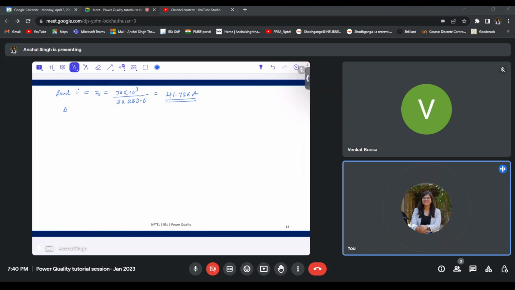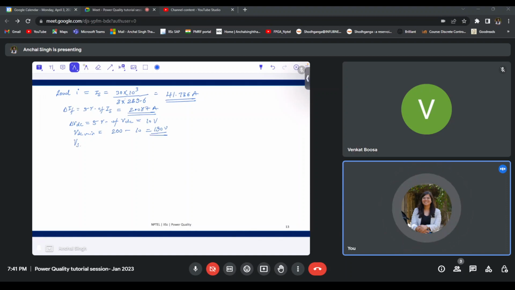Now, ripple current of inductor is given as 5% of IS. This will come out to be approximately 2.087 amperes. And delta VDC is equal to 5% of VDC, which is equal to 10 volts. So VDC minimum will be equal to 200 minus 10, that is 190 volts.